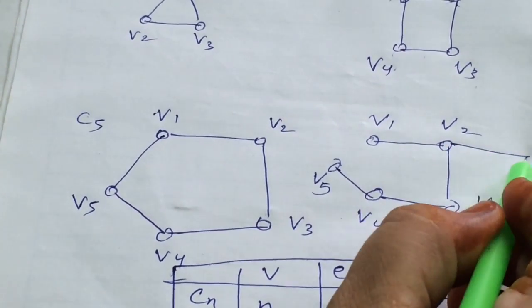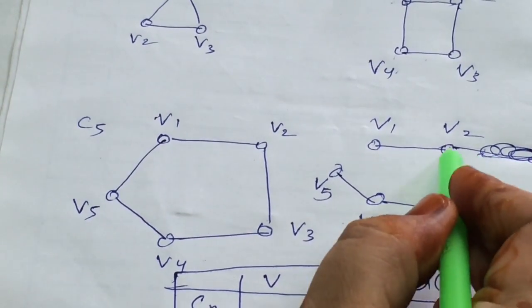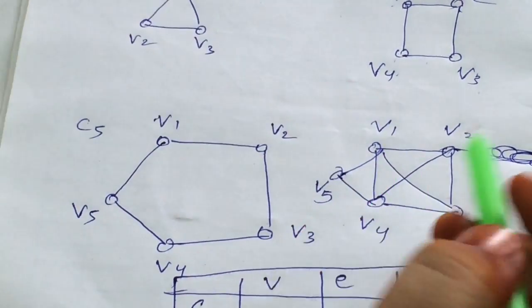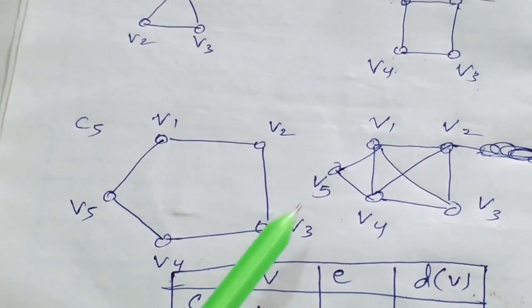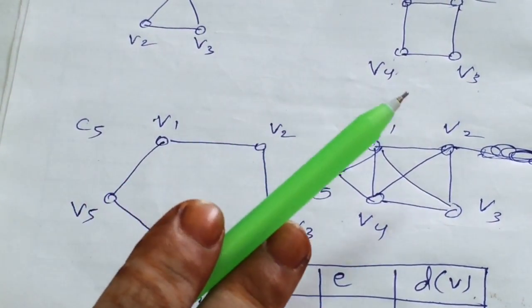You can add here, here, here, here. You are adding one edge, but it is not necessary that the graph will become a cycle.